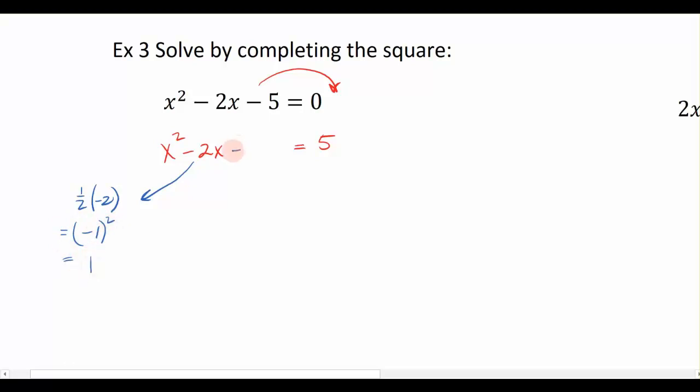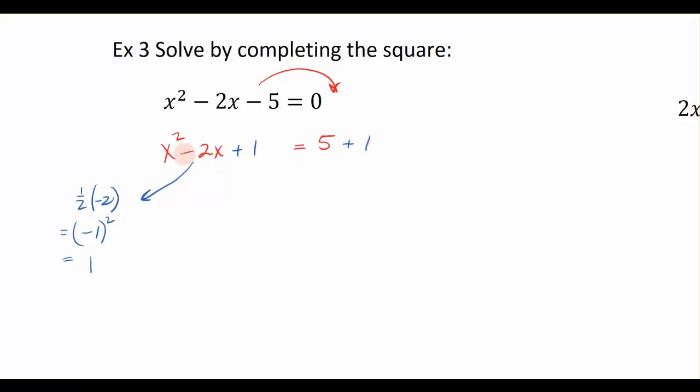If I add 1 here to the left-hand side, I am creating a perfect square trinomial. The first term is a square, the last term is a perfect square, and the middle term would work out. If I add 1 to make my perfect square trinomial, then I also have to add 1 to the right-hand side to keep my equation balanced.